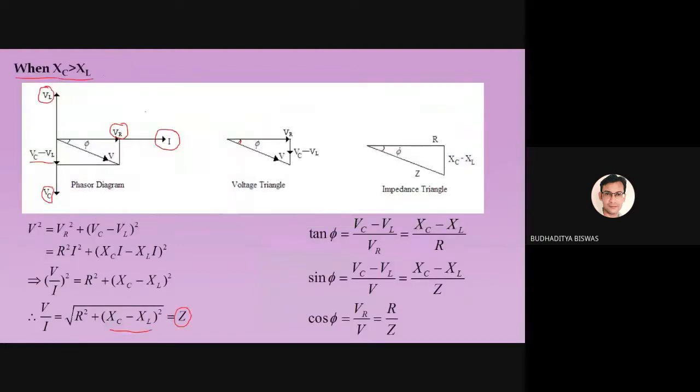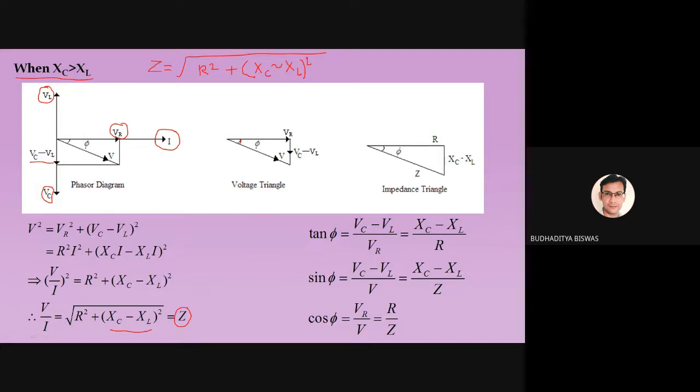So the general formula for Z is Z equals root under R square plus XC difference XL whole square. What is the meaning of this difference sign?